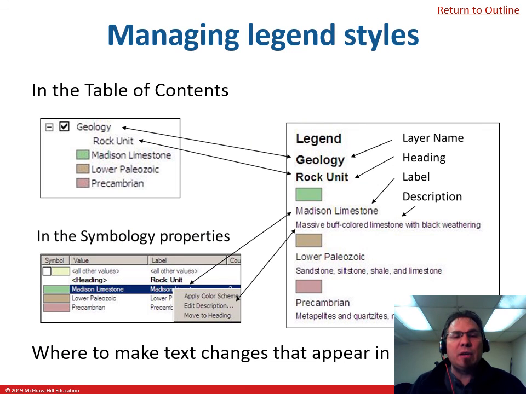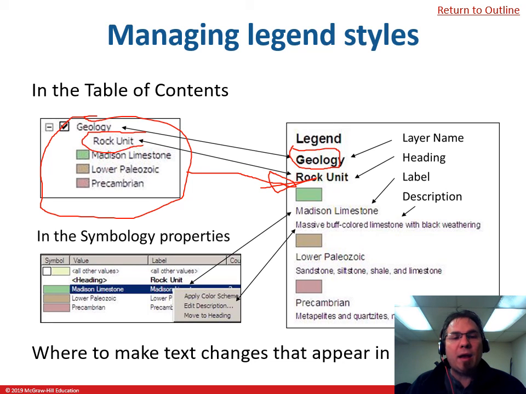Now, one of the things that you have to understand is that there's a one-to-one correlation between your table of contents and your legend. So here's my table of contents. Here's my layer that I would use in GIS. Whatever is in here is exactly what's going to be over here. So if I type the word geology, that's where this word geology comes over here.